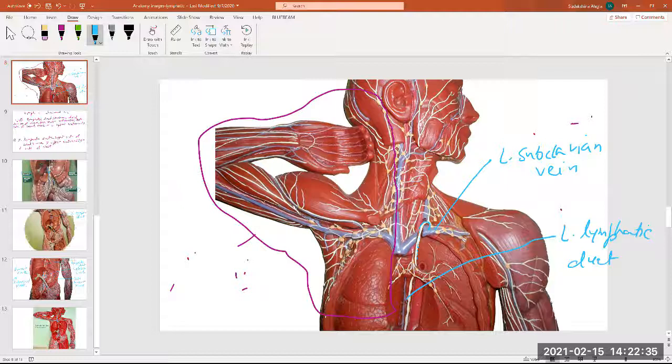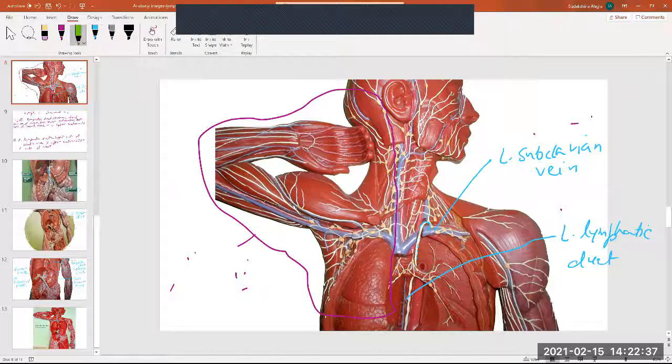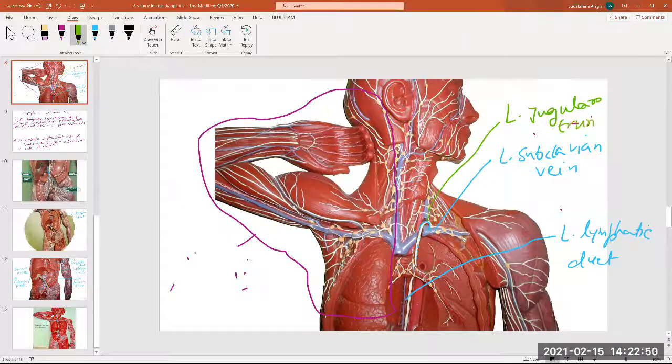So here, this vessel, right here, this is the left jugular trunk, draining lymph from the left side of the head and neck, kind of coincide the name, internal jugular vein.